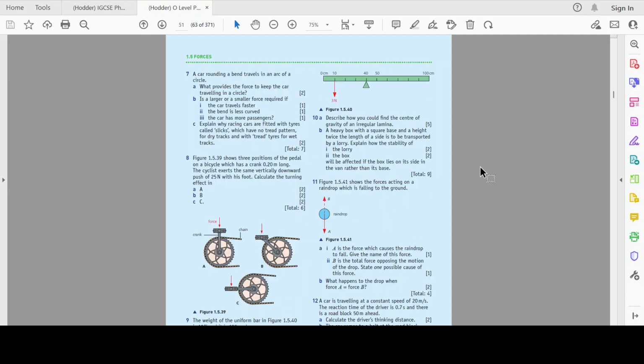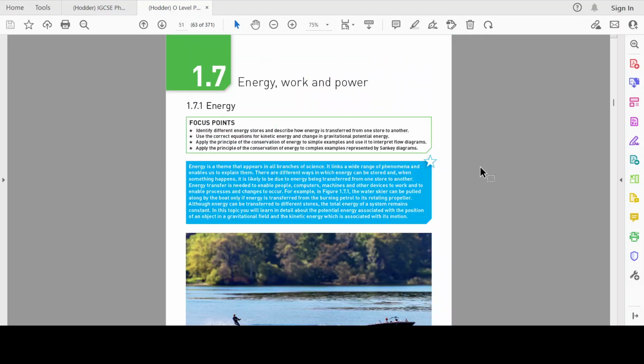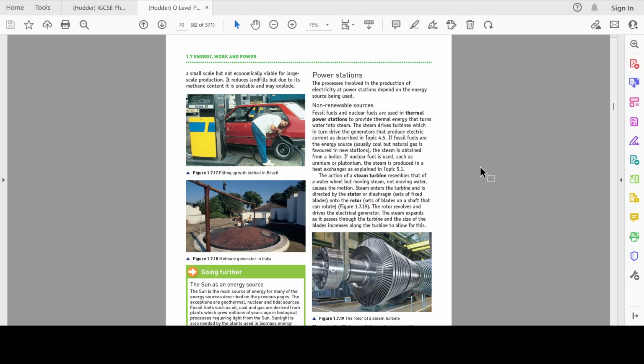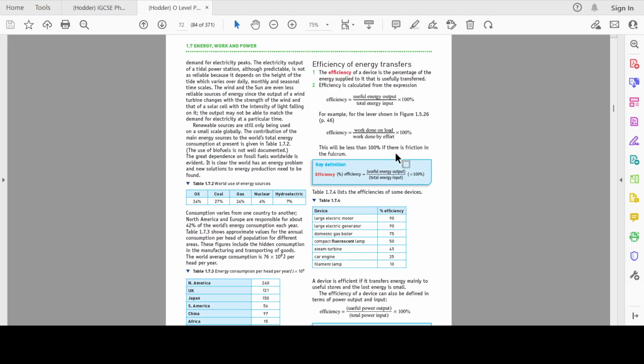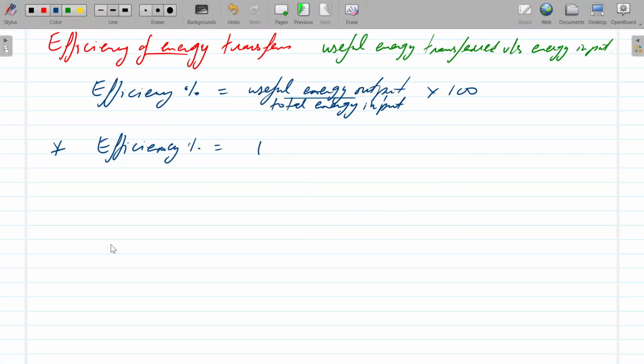In this case, skipping ahead, efficiency is work done on load divided by work done by effort. Okay. So I'll just write that down on the whiteboard.